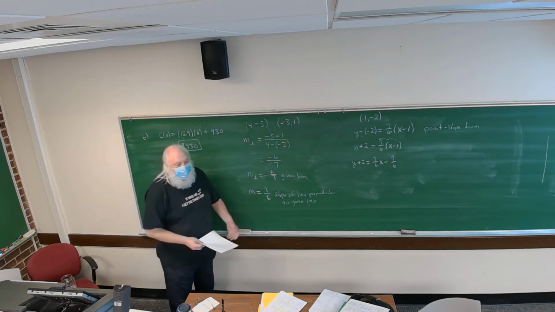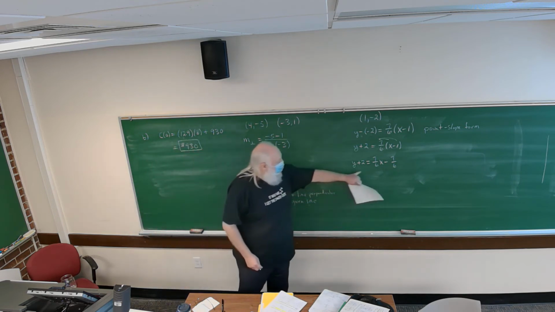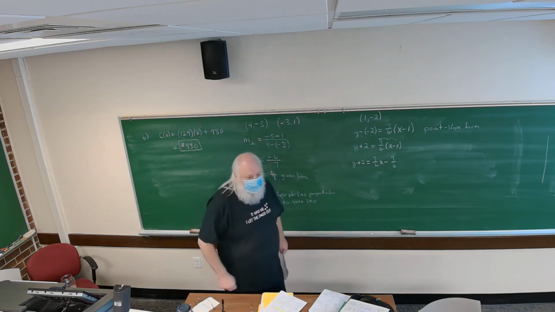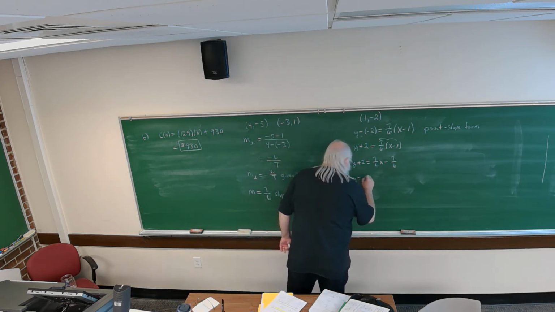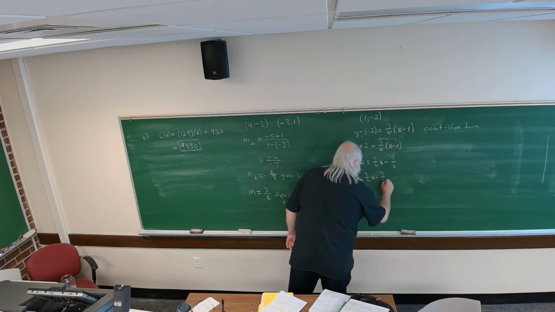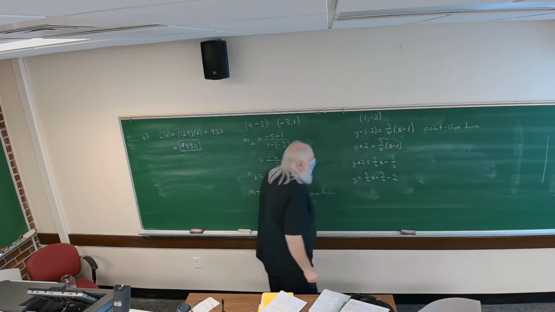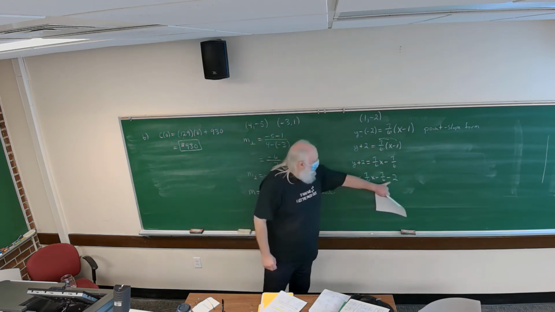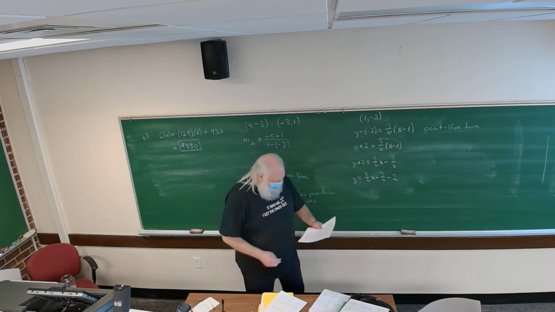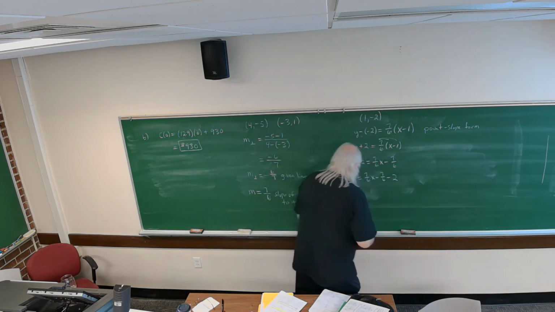And now we subtract 2 from both sides. So you can see this is shaping up to be slope-intercept form. So we have y is equal to 7/6x minus 7/6 minus 2. And minus 7/6 minus 2 is equal to minus 19/6.